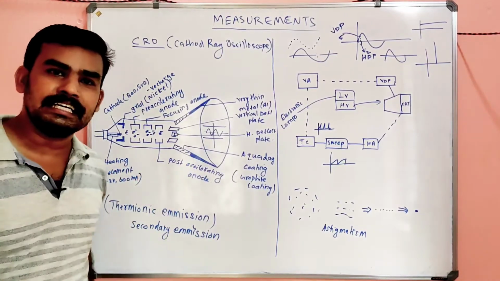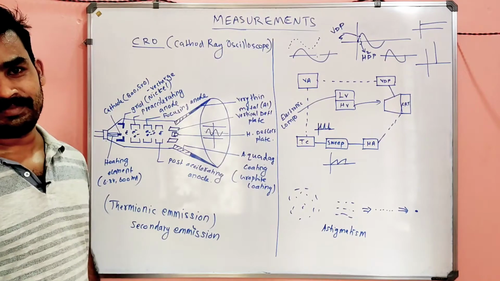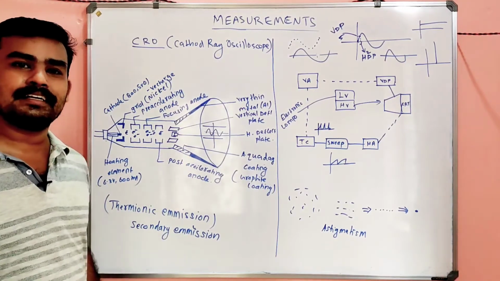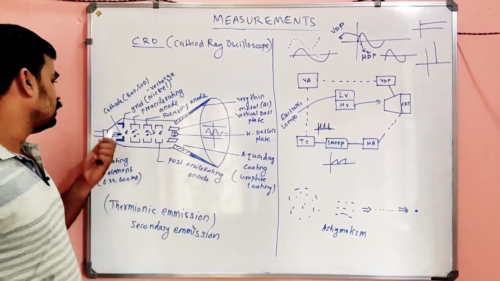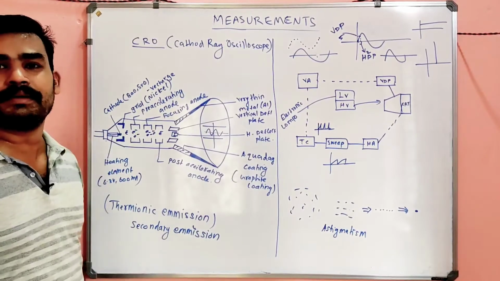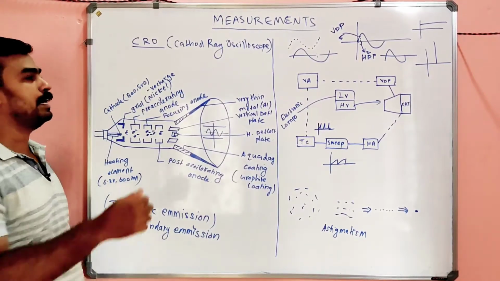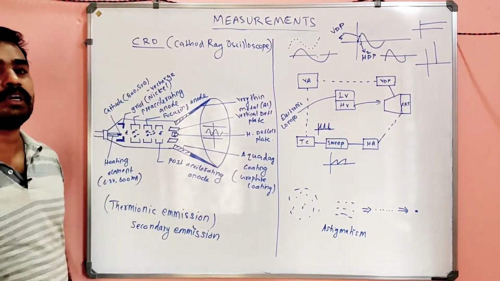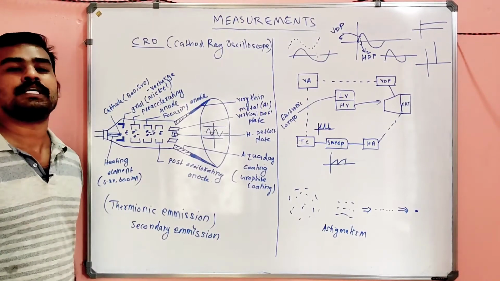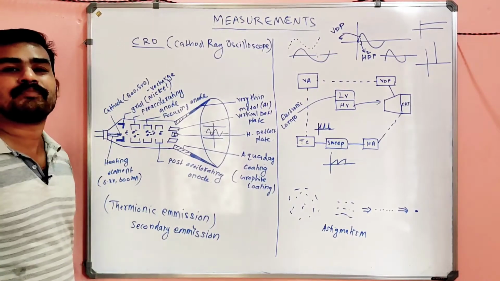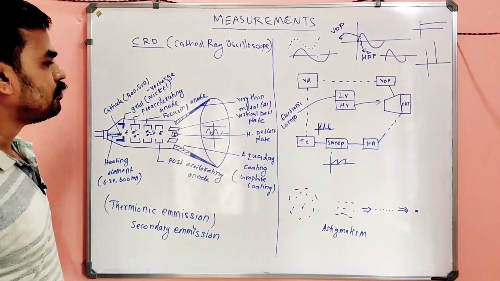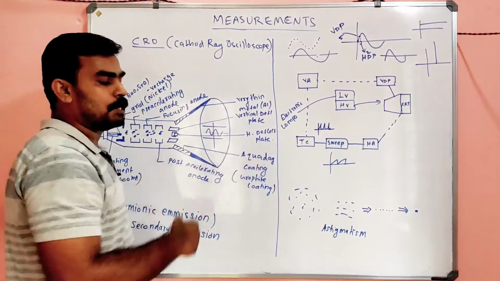So what is the grid? Grid is more negative than the heating element or the cathode. What is the material the cathode is made of? Barium oxide or strontium oxide is used as the cathode. And what is the function of the aquadag coating?